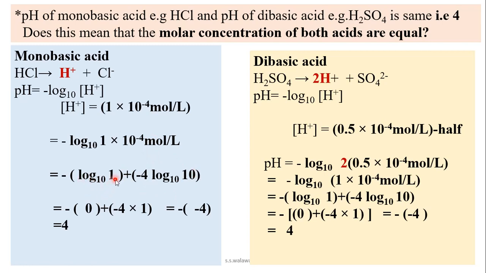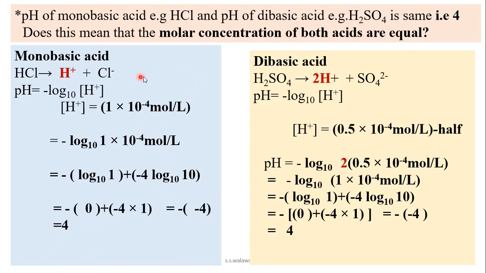Here log to the base 10 of 1 is equal to 0 plus minus 4 into log to the base 10 of 10, which is equal to 1. Therefore minus 4 into 1, that is equal to minus 4, into minus, and therefore the pH of this solution, that is the monobasic acid, is 4.